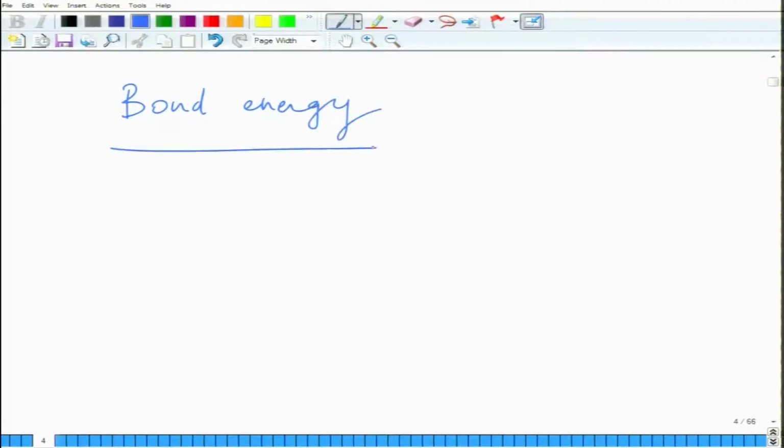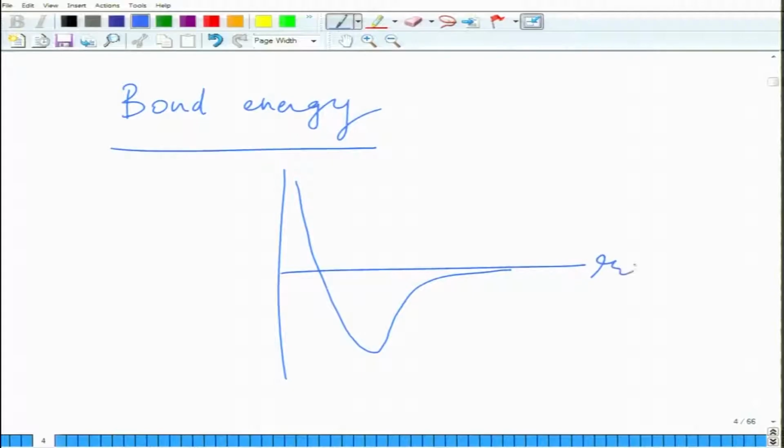So, if you have a plot like that, this is the separation distance R, this is the energy E, and the energy corresponding to the separation distance at which energy is minimum is the bond energy of the materials, and this bond energy has profound correlation with the basic properties of materials.